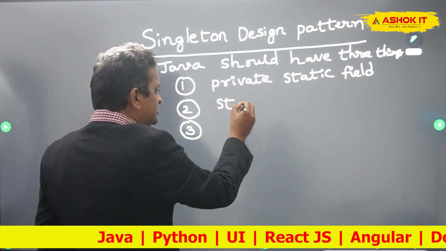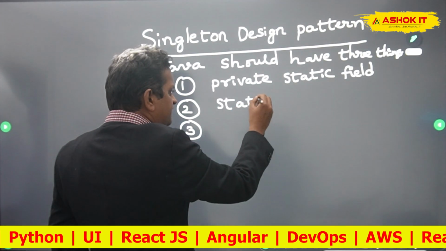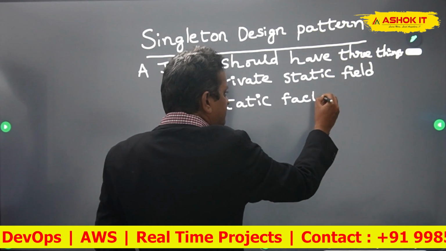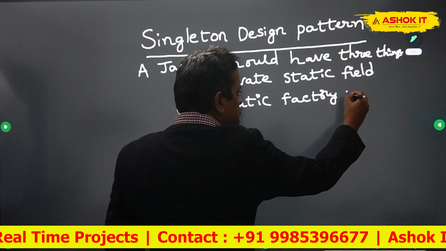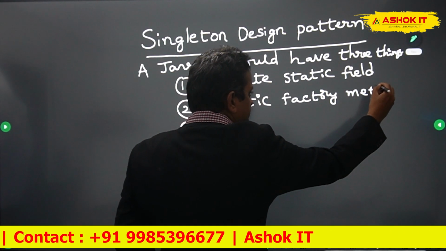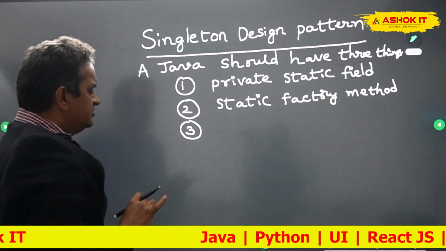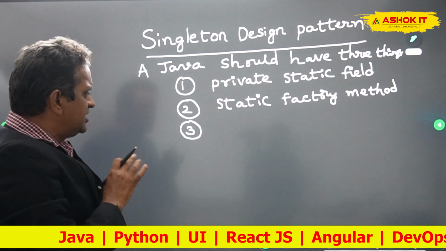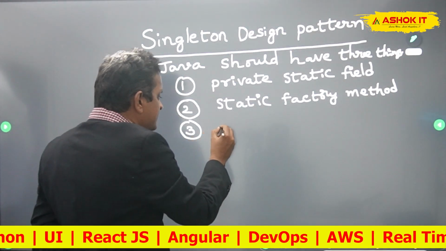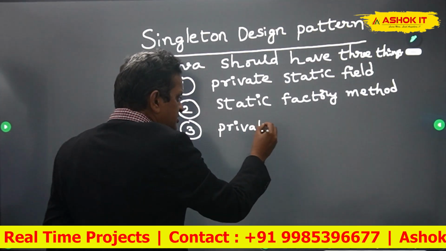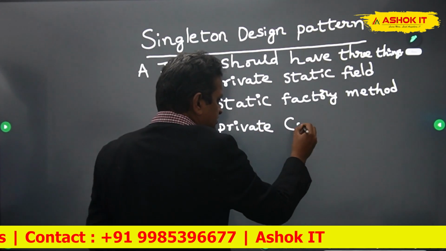So you should have a static factory method. Very good. The third thing that you should have is a private constructor. We should write a private constructor.